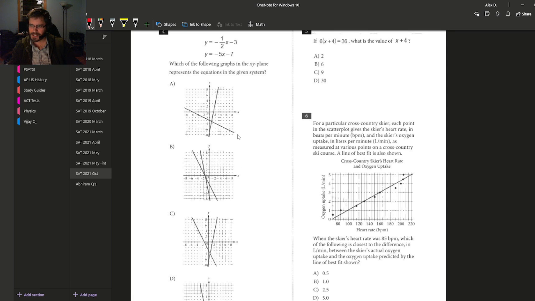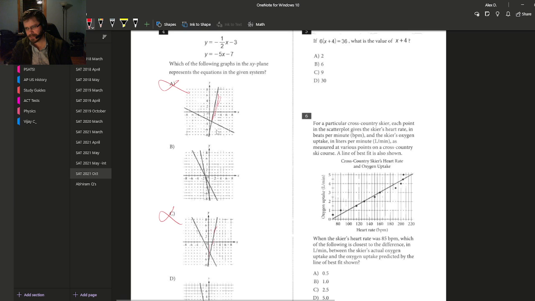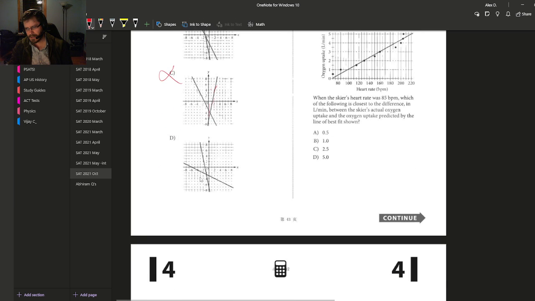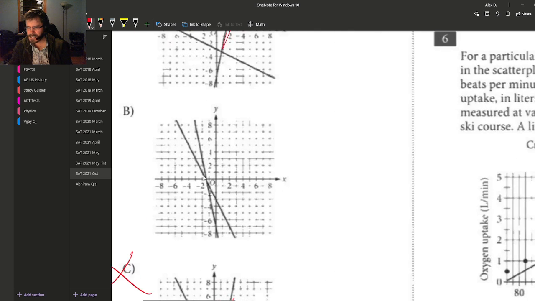Linear system, negative slope, negative y-intercept for both. So that one's out. That one's out. Because this has a positive slope. This has a positive slope. Negative slope, negative slope, negative y-intercept, negative y-intercept. The negative y-intercept is -3 and -7.